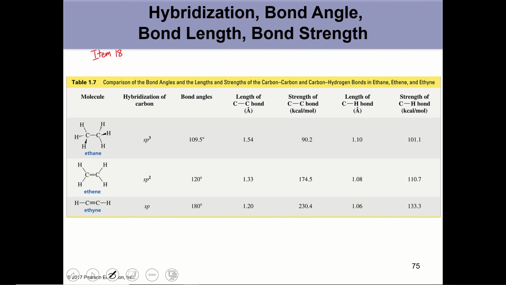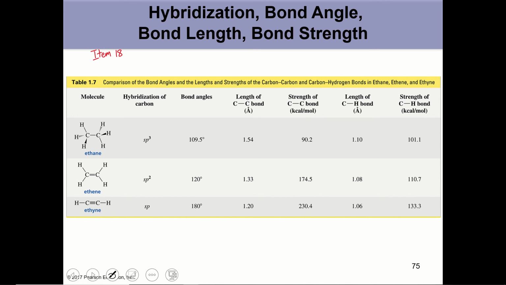And then we have the summary of hybridization, or the amount of S, and the bond strength, length, and bond angles. sp3 bonds, which have the smallest amount of S, are going to be 109.5, so the smallest angle, but they're also going to be the longest and the weakest bond. sp2 bonds are going to have bond angles of 120.